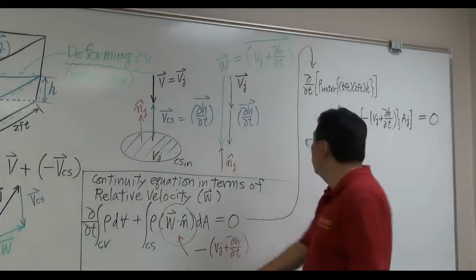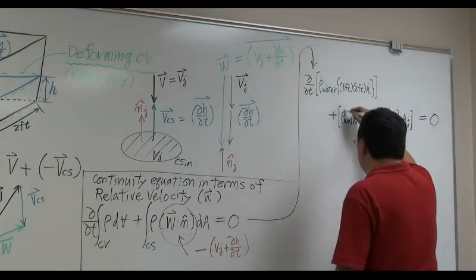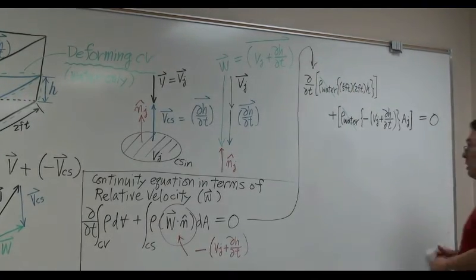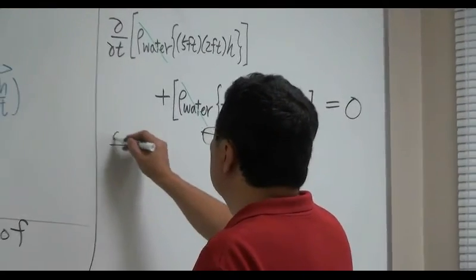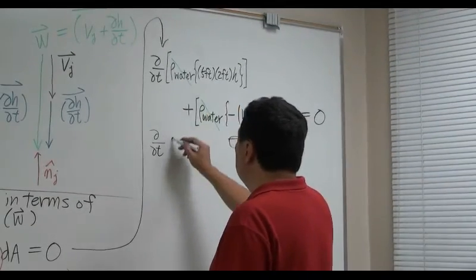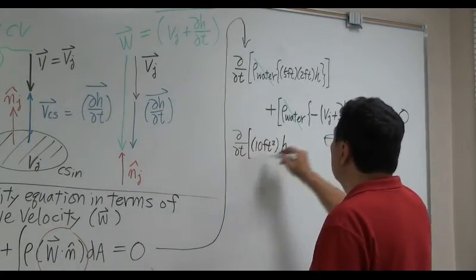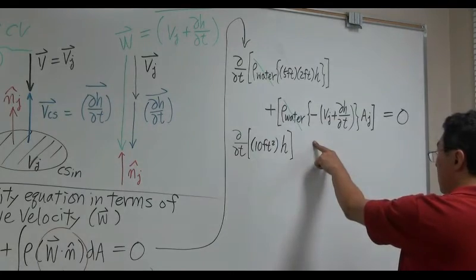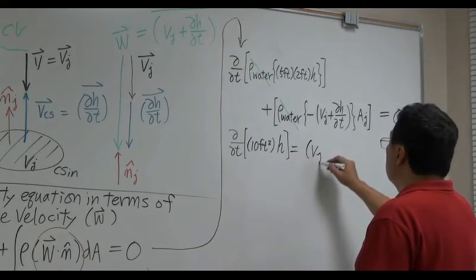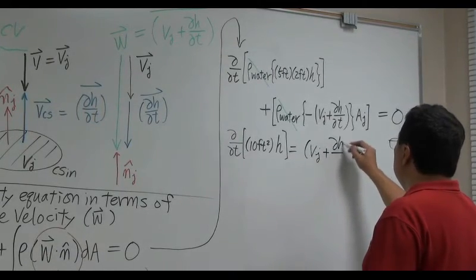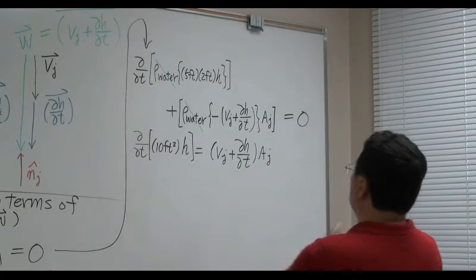Now again, the same thing. This rho of water is constant, so it goes outside. You can divide both sides by the constant density of water, get rid of that. So the left hand side becomes d/dt of 10 feet square times h. That one, let's move to the right hand side, which is Bj plus dh dt times Aj. Okay.